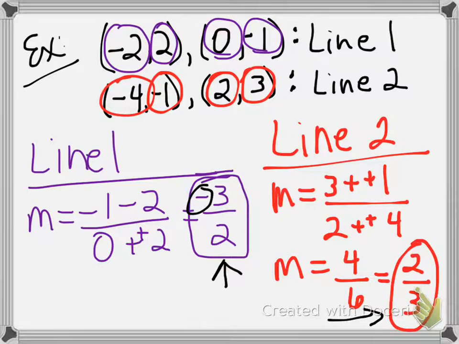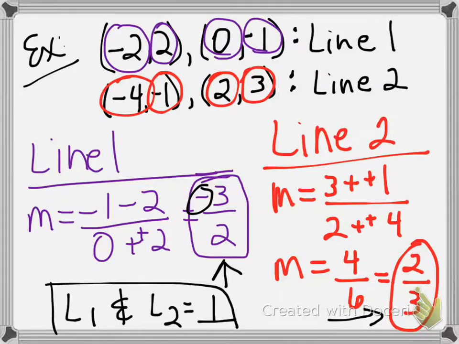So these two numbers, negative 3/2 and positive 2/3, are reciprocals and they're opposites. So that means that line 1 and line 2 are perpendicular. Line 1 and line 2 are perpendicular because their slopes are opposite reciprocals.